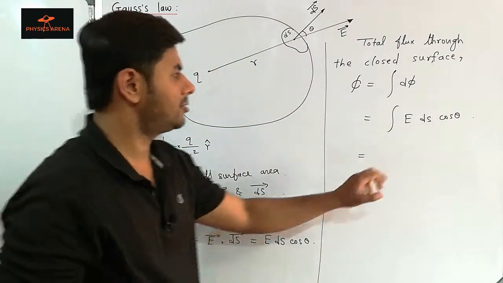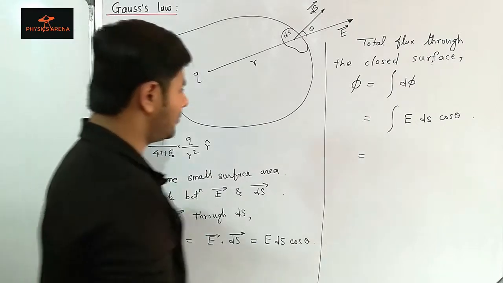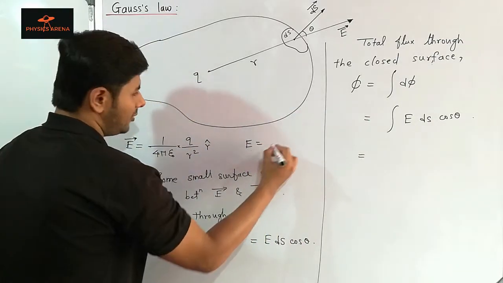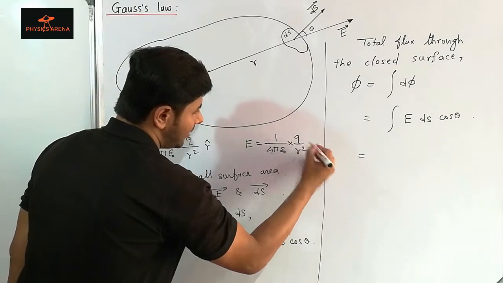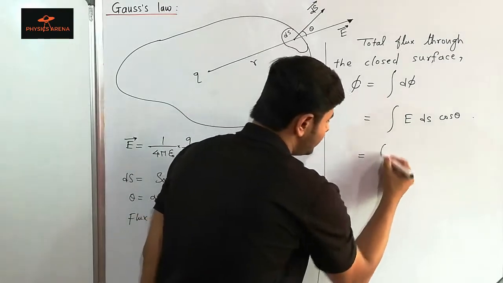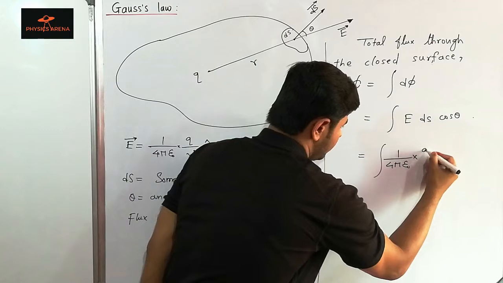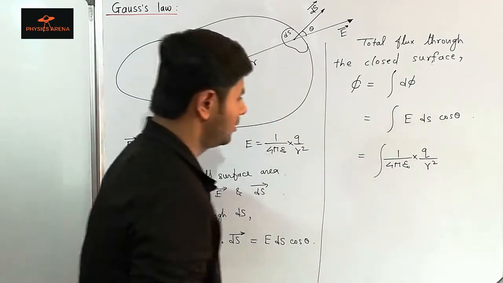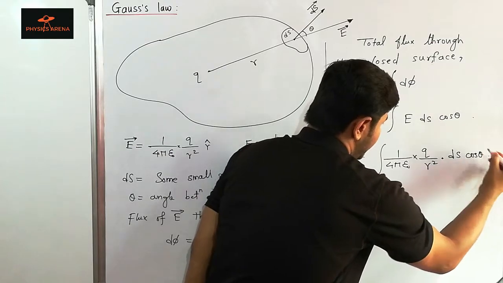Now let's substitute the E. So we know that E, the magnitude of the electric field, is 1 over 4 pi epsilon naught into Q divided by r square. So let us substitute it here, multiplied by ds into cos theta.